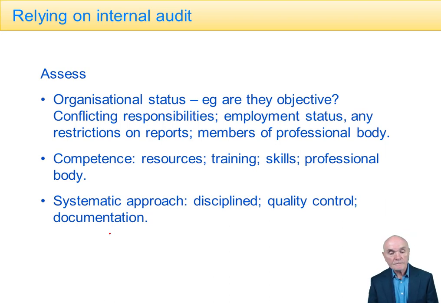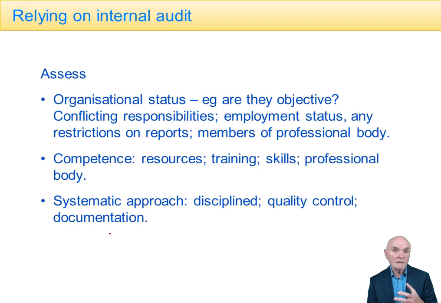Competence. Really what we're looking for in internal audit is what you'd look for in an external audit assignment. You want to make sure that you have the right resources, that people have the right skills to do that part of the internal audit.